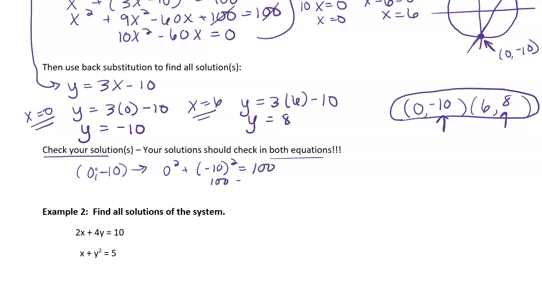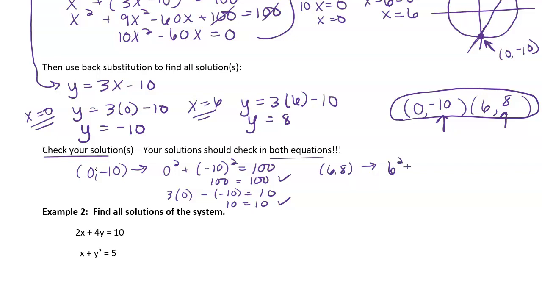You get 100 equals 100, and that checks. In the second equation, you're going to have 3 times 0 minus -10. We want to see if that equals 10, and you're getting 10 equals 10. That checks. And then for your point (6, 8), go into both equations.